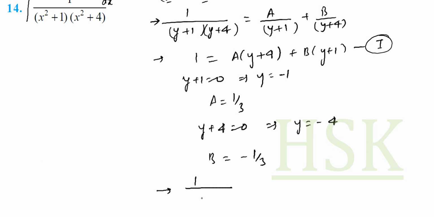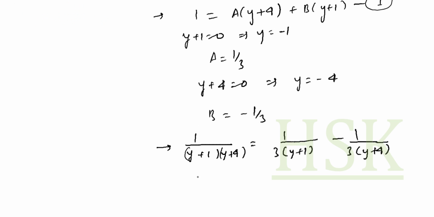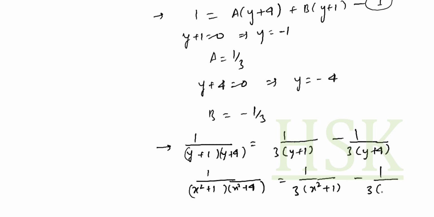So the fraction 1 upon y plus 1 into y plus 4 is equal to 1 upon 3 times y plus 1 minus 1 upon 3 times y plus 4. But actually y was equal to x square, so I am going to place x square, giving 1 upon x square plus 1 into x square plus 4 is equal to 1 upon 3 into x square plus 1 minus 1 upon 3 into x square plus 4.